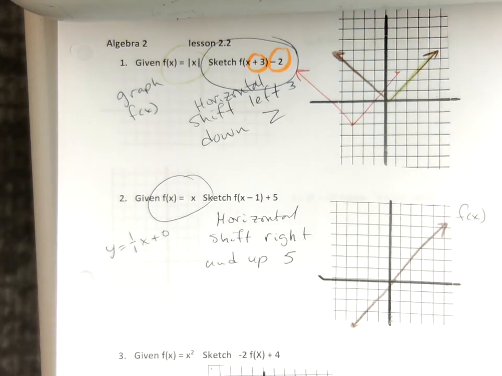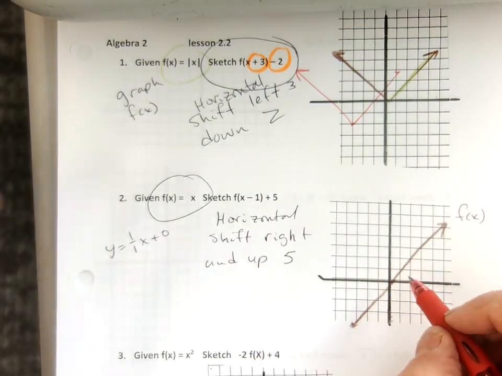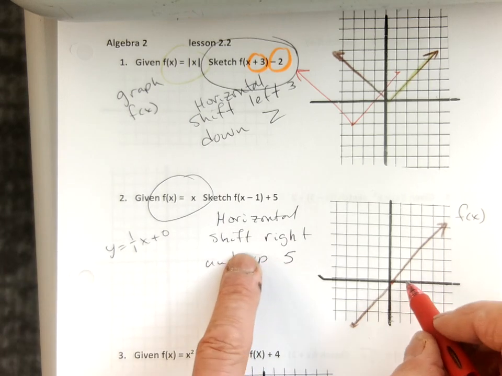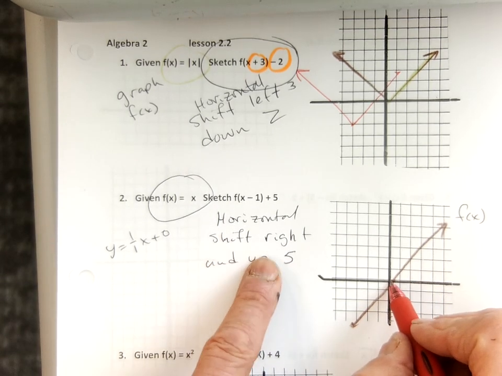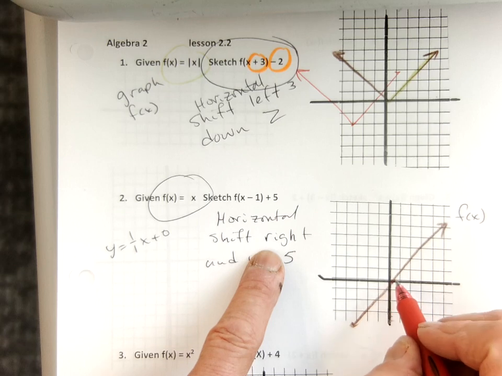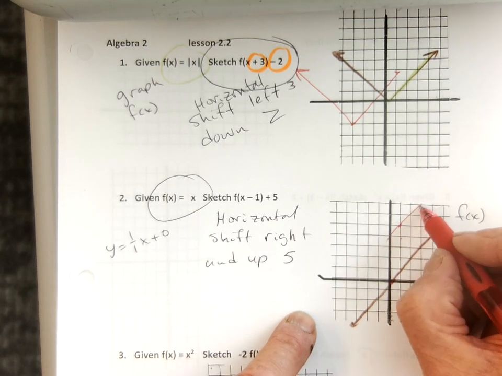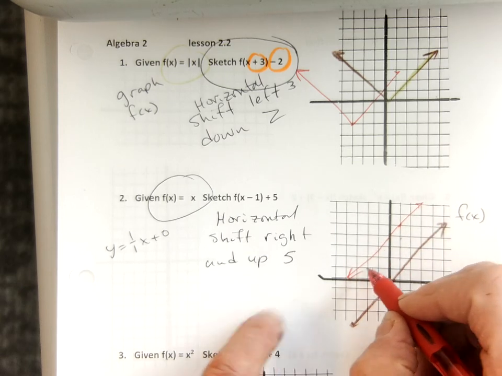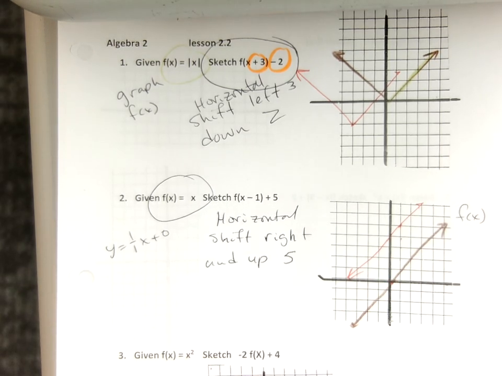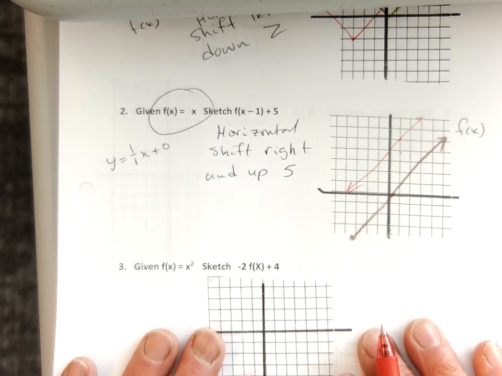So it's the whole line. I'd just like to take any point because all the points are going to move. So I'll take this point and I'll go to the right 1 and 1, 2, 3, 4, 5. And there it is. So it's really pretty easy if you know what they're asking.